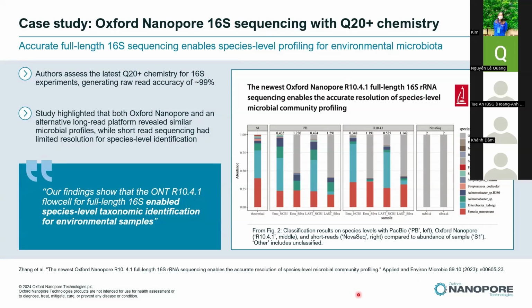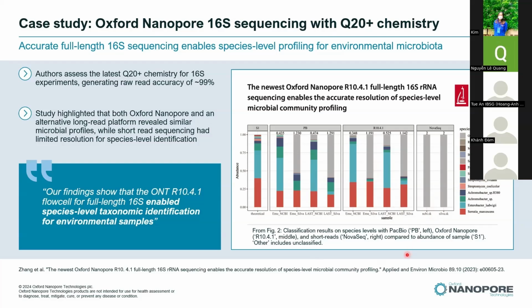In this study, the authors used the latest chemistry and achieved 99% raw read accuracy. It also demonstrates that both Nanopore and an alternative long read platform provide a very similar microbial profile, while the short read has limited resolution for species level identification.